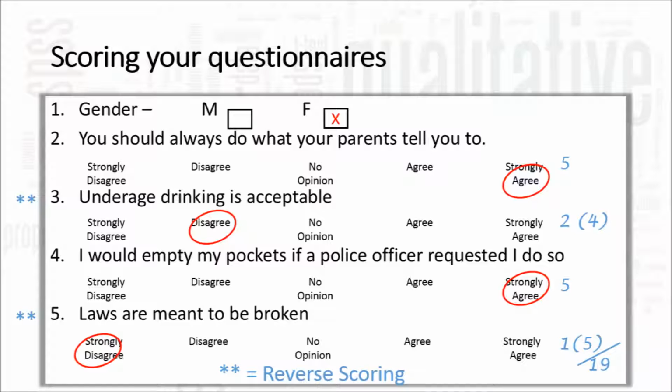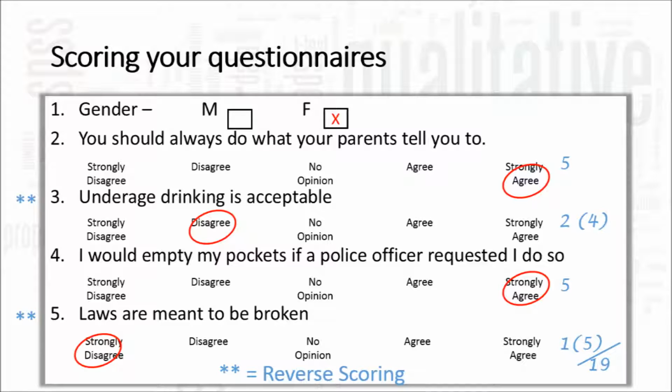A person who strongly disagrees with that is likely to be very obedient, and so although they'll have got a lower score on the obedience, you need to reverse score that. So in this example they've got a disagree, which will come up as a score 2, but when you're scoring it you need to give it a 4.